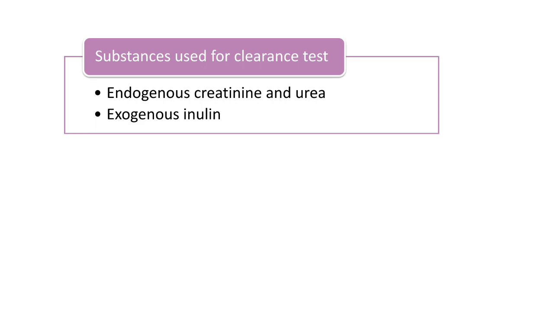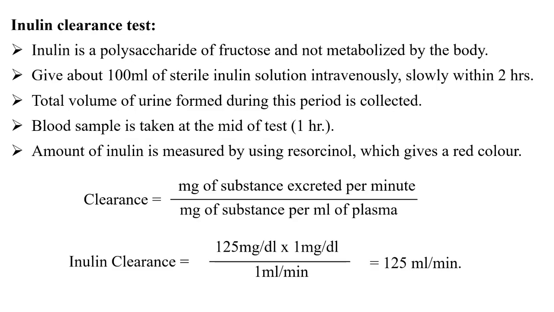There are two types of substances used for the clearance test: exogenous and endogenous. Exogenous is inulin, and endogenous are creatinine and urea, which are mostly used.